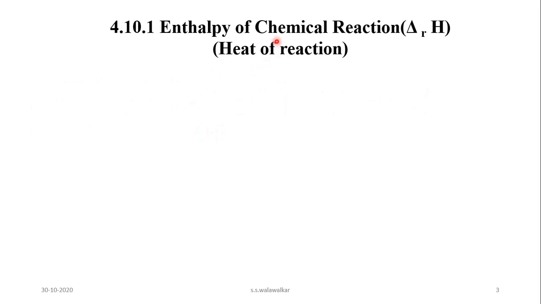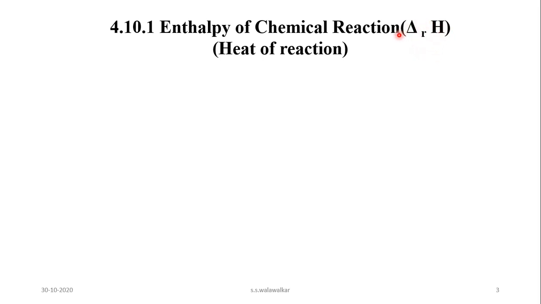The enthalpy of chemical reaction is also called the heat of reaction, and it is represented as delta R H or delta H R, where R represents a general chemical reaction.